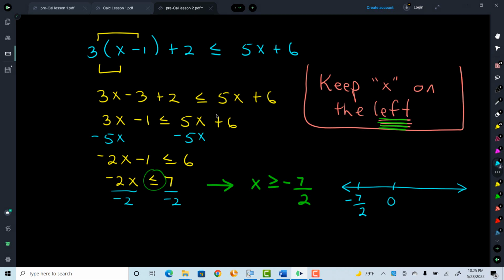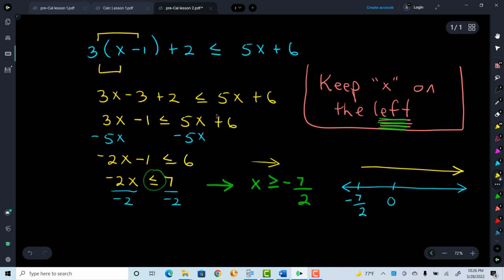Now, the reason I want the x on the left is that it makes it a whole lot easier to graph the solution. The solution is all x's that are greater than or equal to. Well, if you look at the direction this is pointing, that's the direction our arrow is going to point. So we're going to go greater than or equal to, so everything going this way.